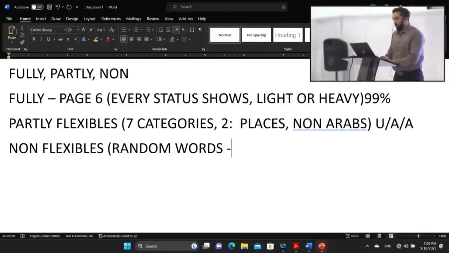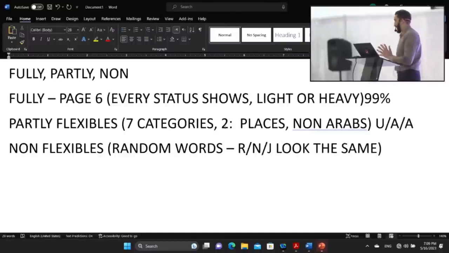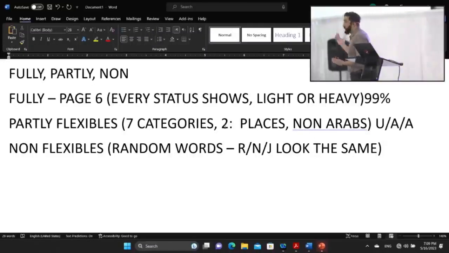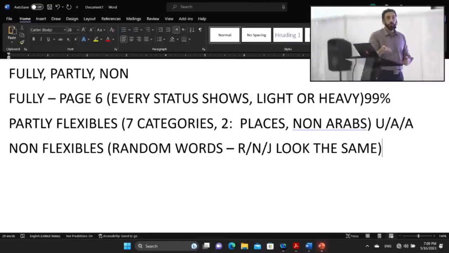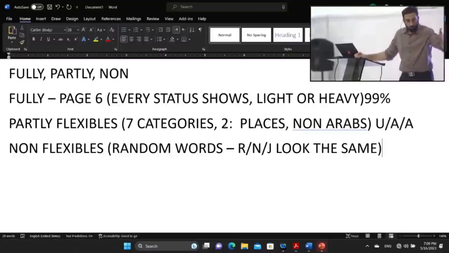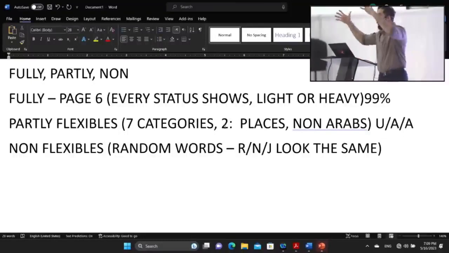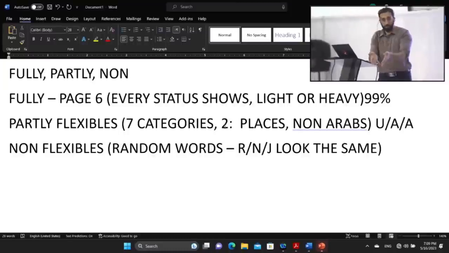So they're random words, but the common denominator is that the rafa' and the nasab and the jar look the same. That's the key. And how will you know? I'll tell you. Hey, by the way, this word is non-flexible. The moment I say this word is non-flexible, what are you supposed to think? I don't know. It could be rafa, it could be nasab, and it could be jar, which means I have to look for other clues to figure out the answer.